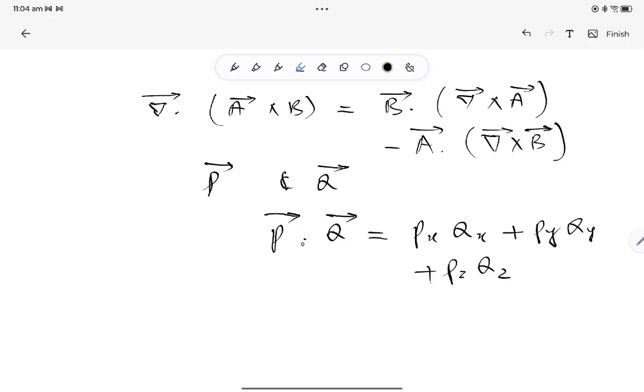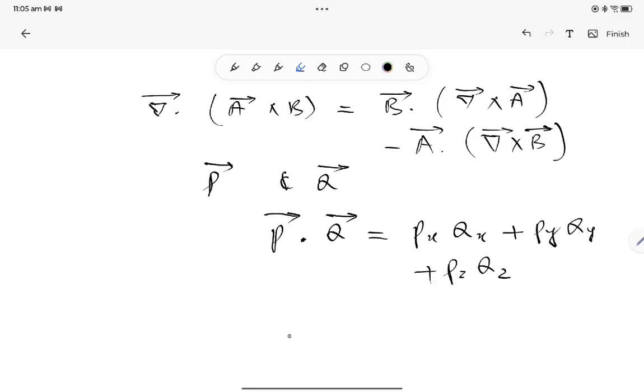This dot product differs from the ordinary algebraic product, for example PQ, in the sense that there are no cross terms. There is no PxQy, for example. So you have PxQx, PyQy, PzQz. Okay, that is the definition of dot product.